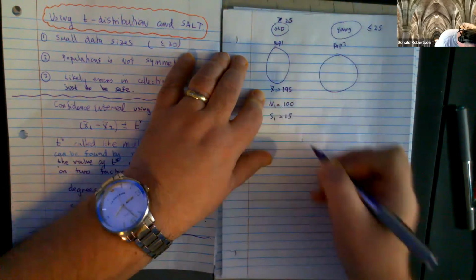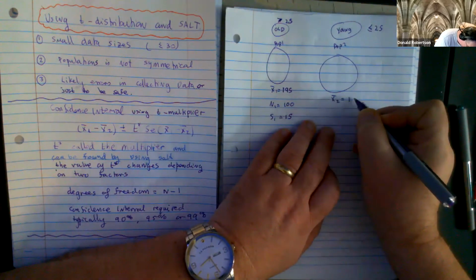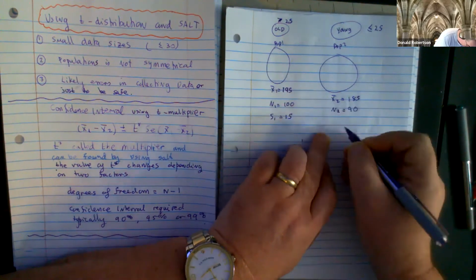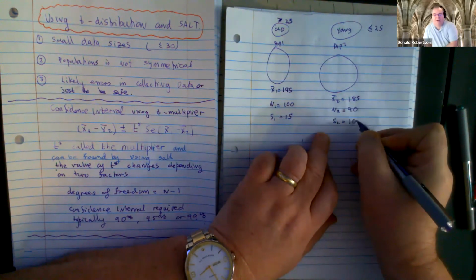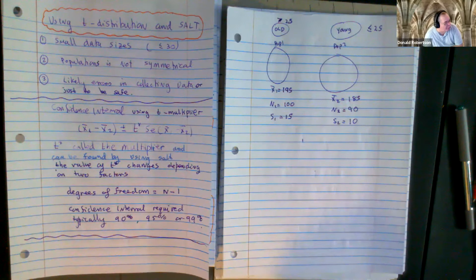In the younger group, theirs was 185, and I took a sample of 90 of those, and the standard deviation for them was 10. So I'm collecting this data because I think old people are fat compared to young people.